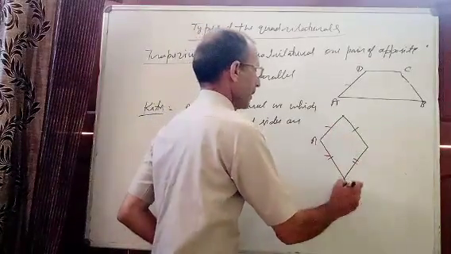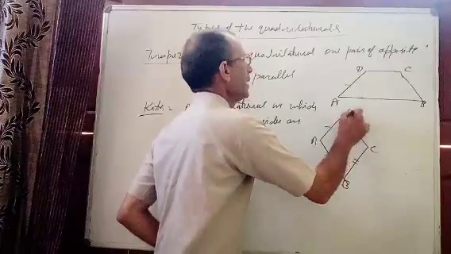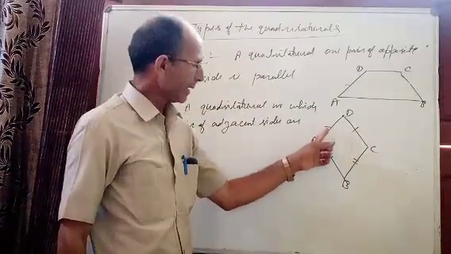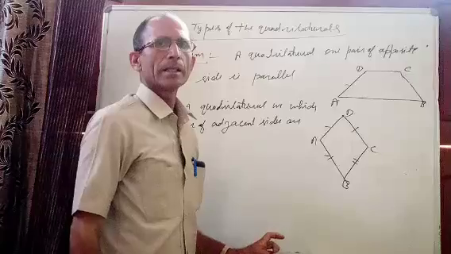So A, B, C, D. This is a quadrilateral, and this type of quadrilateral is called a kite.